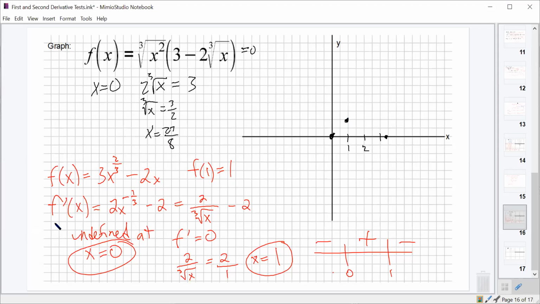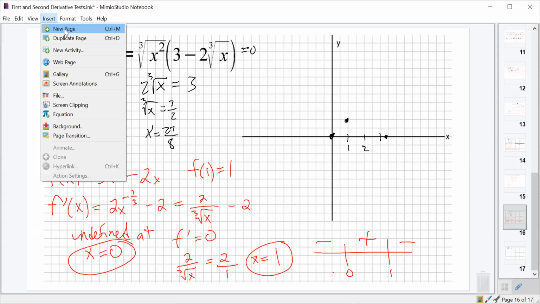Good. All right, now we'll take our second derivative. So our first derivative was 2x to the negative 1/3 minus 2. So what should that give us for our second derivative?